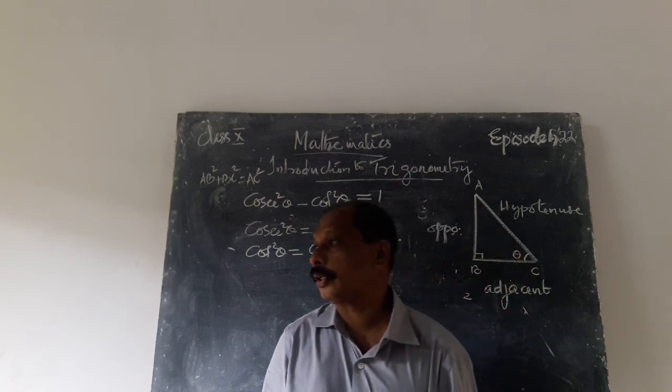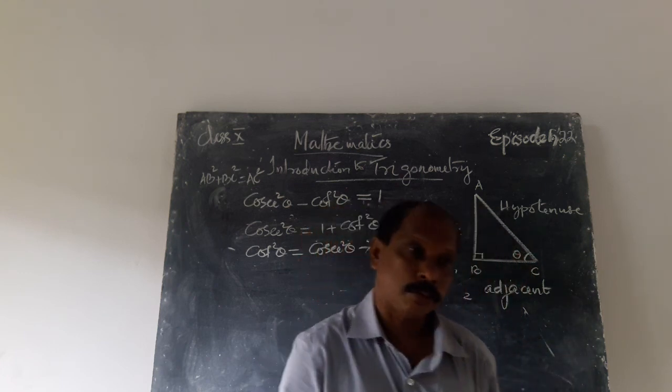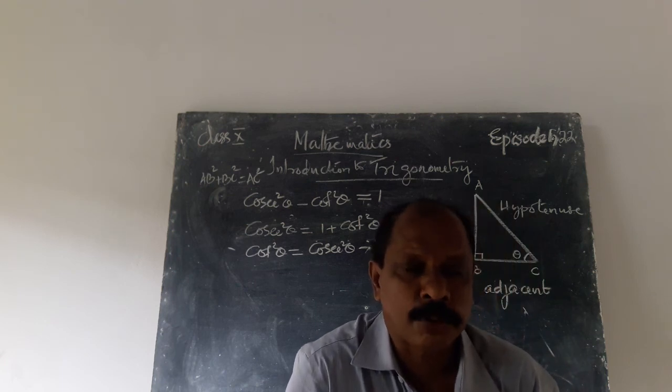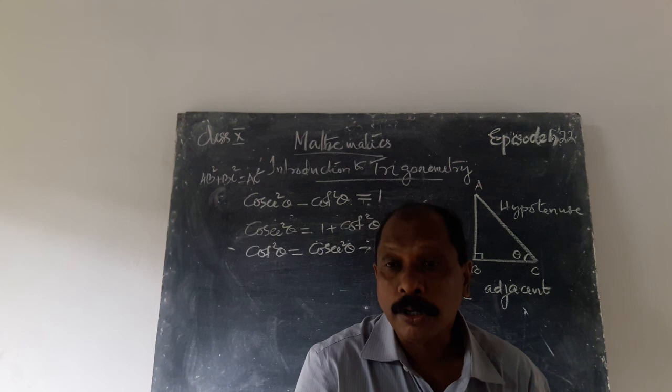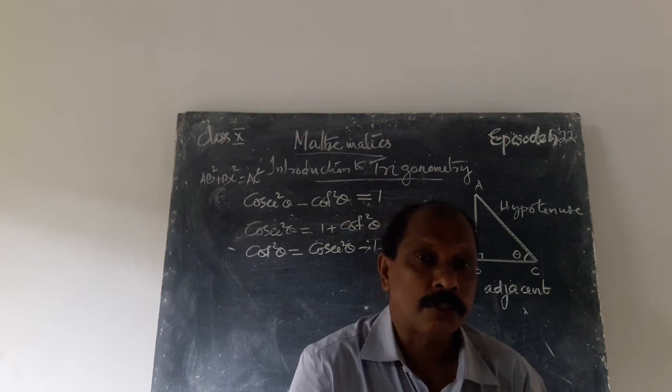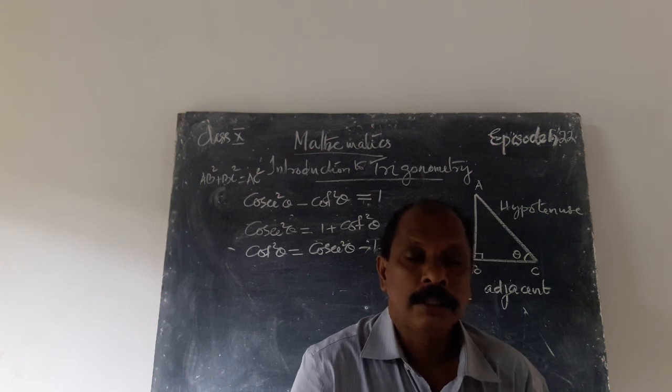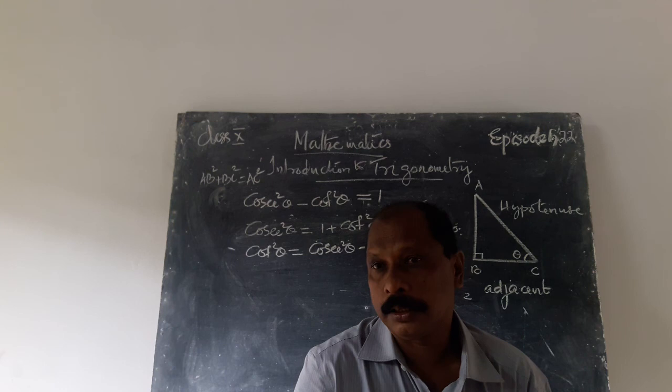Therefore, cosec square theta minus cot square theta is equal to 1. Therefore, cosec square theta is equal to 1 plus cot square theta, and cot square theta is equal to cosec square theta minus 1. These are the relations between sin theta, cos theta, tan theta, cosec theta, sec theta, cot theta.